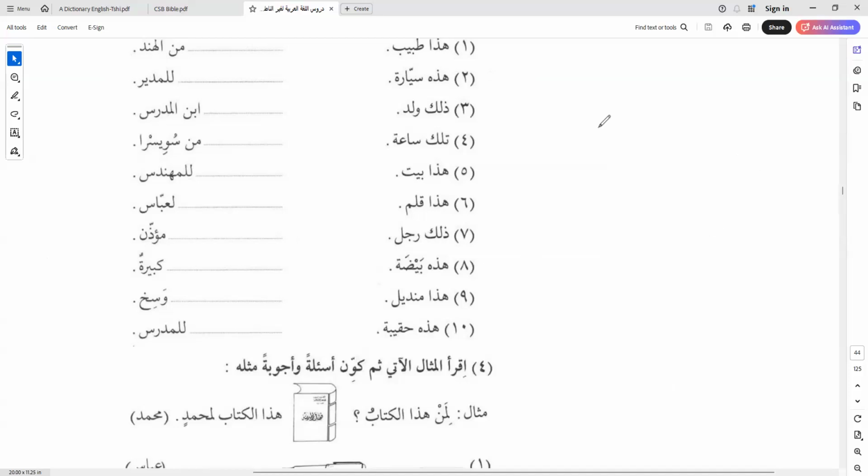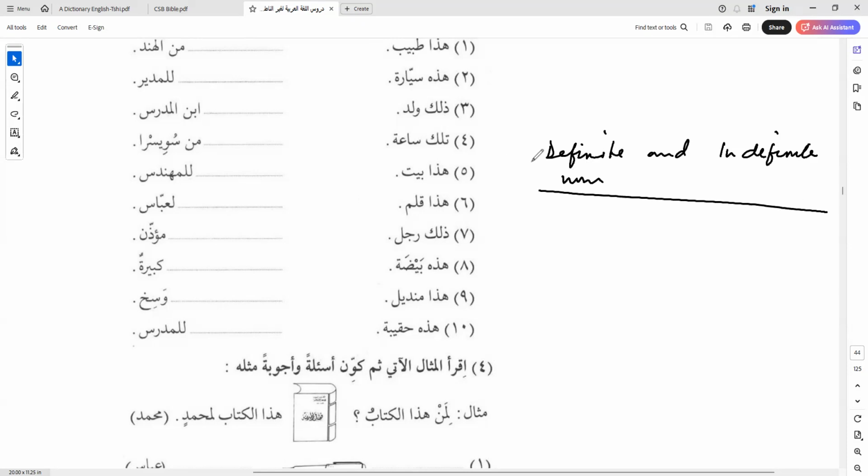Now let's take definite nouns and indefinite nouns. How do you attach the li to a definite noun and an indefinite noun? And this is very tricky, so you need to pay attention to it. Let's take waladun, a boy.